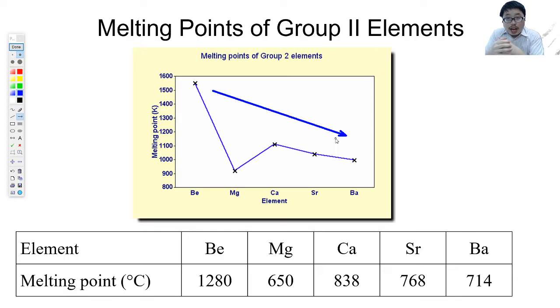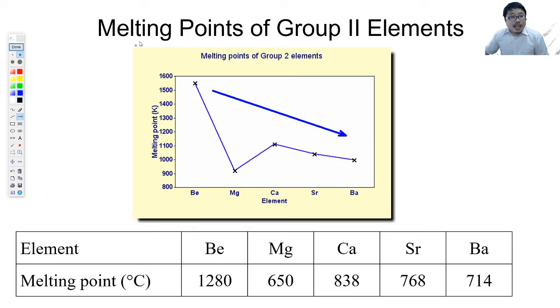Therefore, the forces of attraction between the sea of delocalized electrons and the positively charged ions become weaker. Why? Because now the ions become bigger, so the distance between the electrons and the ions increases, therefore becomes weaker.